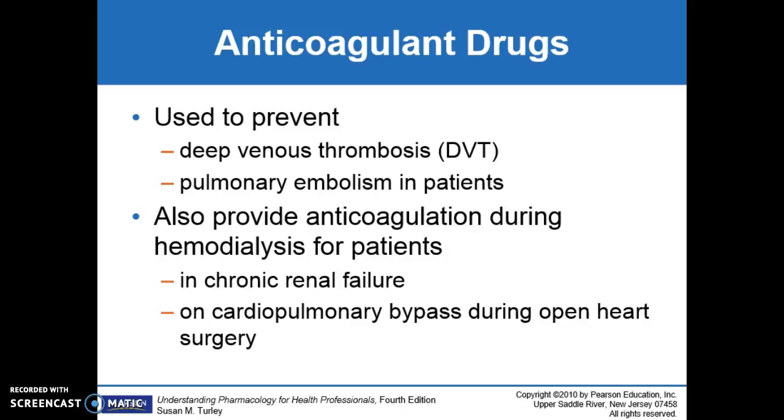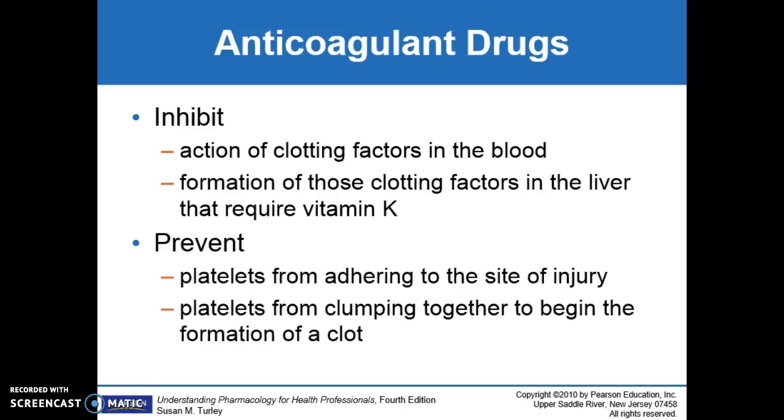Patients who are having cardiopulmonary bypass during an open heart surgery are going to be put on anticoagulants. The whole idea behind them is that those anticoagulant drugs inhibit those clotting factors, so those clotting things don't occur. They're going to prevent platelets from sticking, so it's going to keep that sticking from happening.